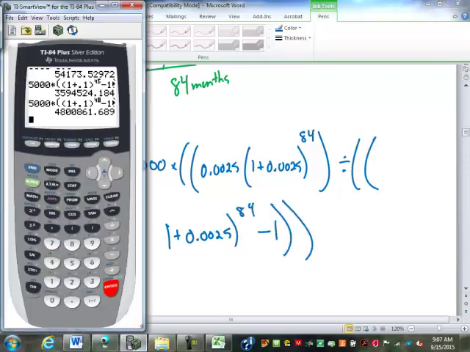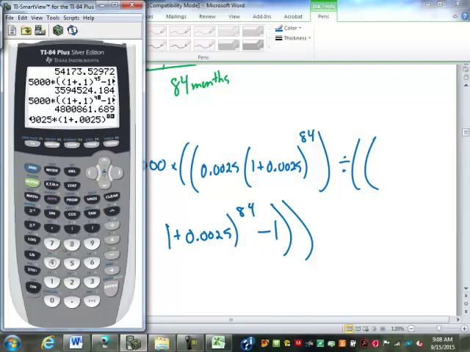So let's punch that in. 40,000 times 0.0025 times parentheses 1 plus 0.0025 power of 84.